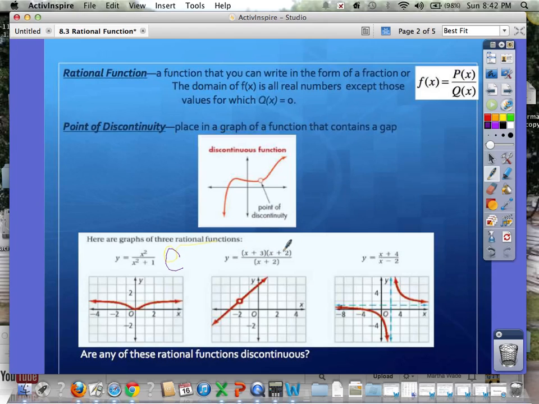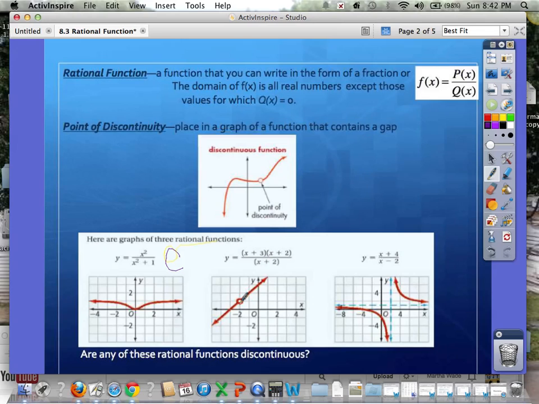All right, on this one, if I was to make this x on the bottom a -2, that would make 0 down here, and that would make a problem and a point of discontinuity.